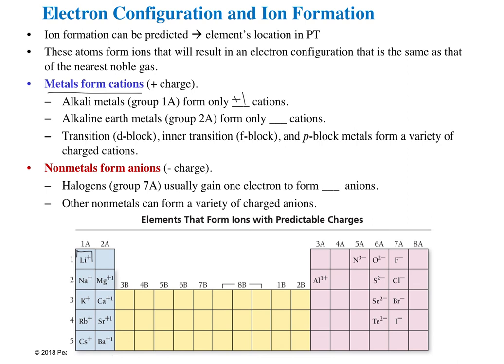Alkaline earth metals have 2 valence electrons, and they'll lose both of them to form a +2 cation. Like we said earlier, transition metals can do a variety of charges, which makes them hard to predict, but that's okay. Halogens like to gain 1 electron, so they form -1 anions. And then other nonmetals can follow a similar trend. See this group with oxygen forms -2, nitrogen forms -3, and so on.